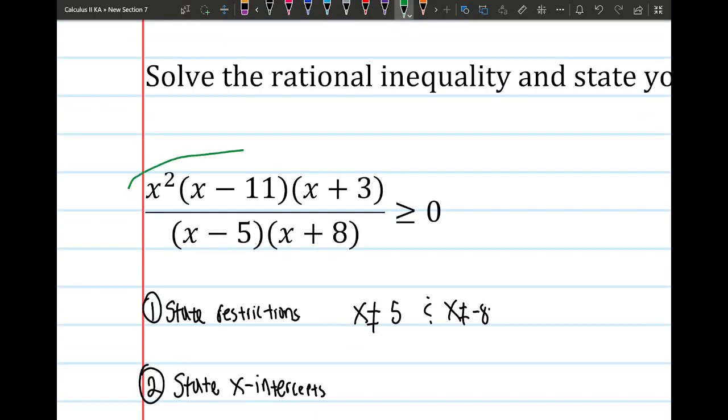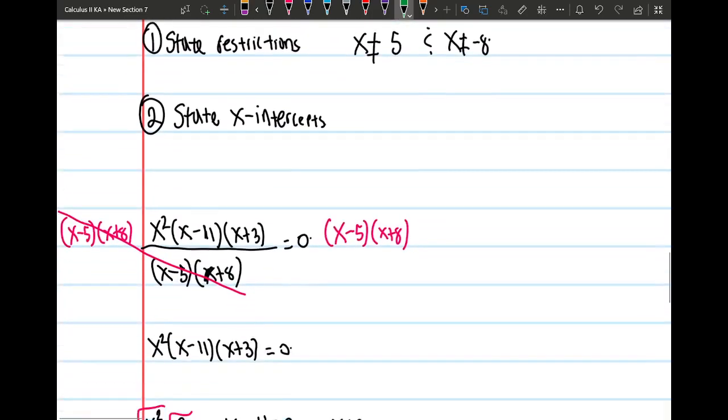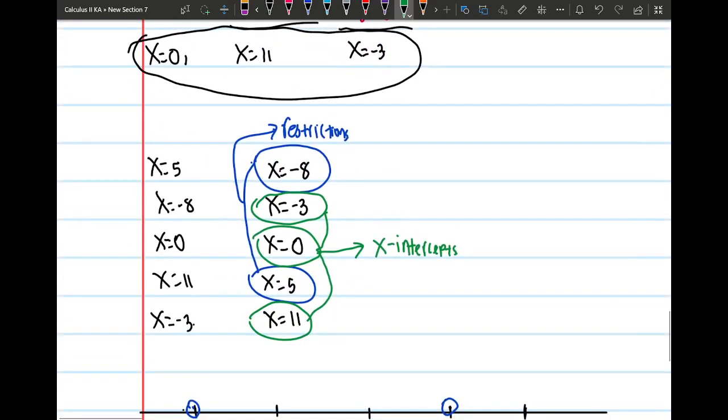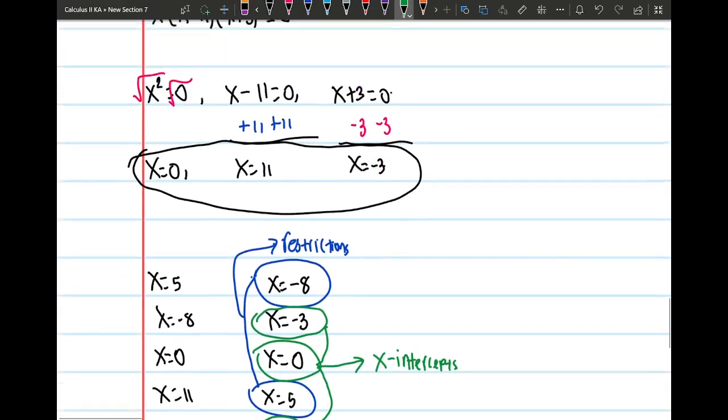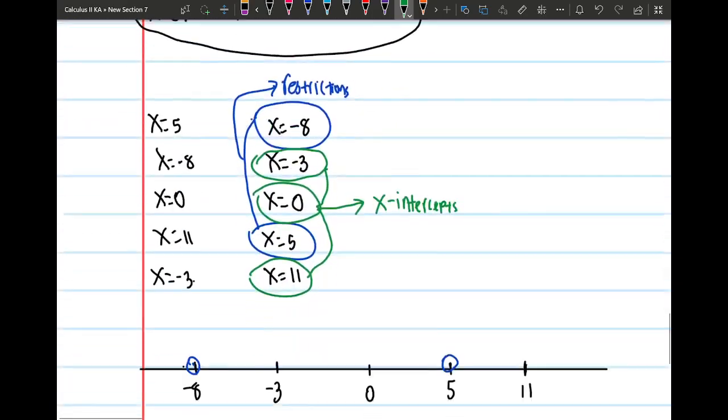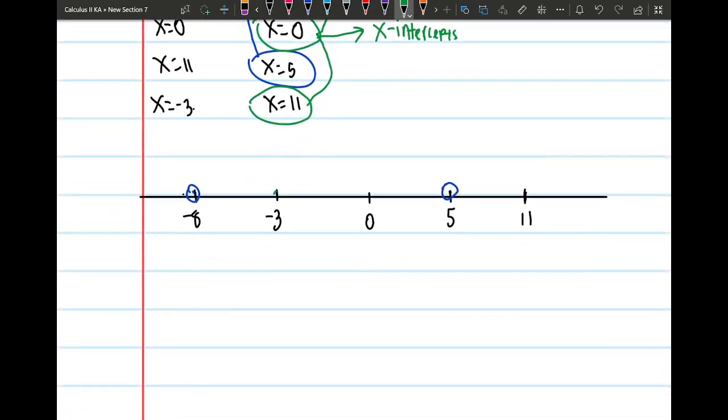And like I said, when we made all of these equal to 0, the x values we got were these green ones. So we know that those will be included in the interval. So therefore, we're going to put closed dots here, here, and here.